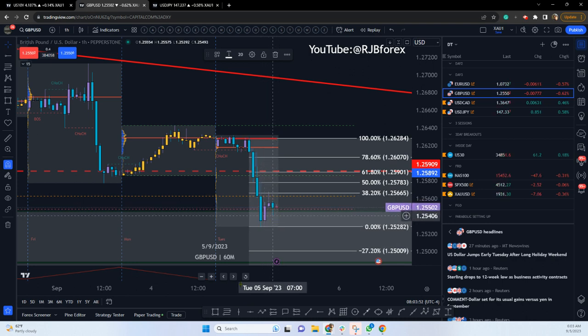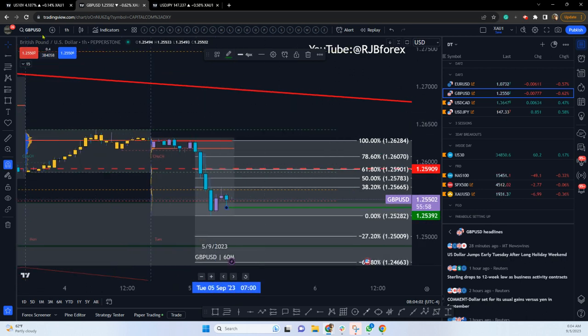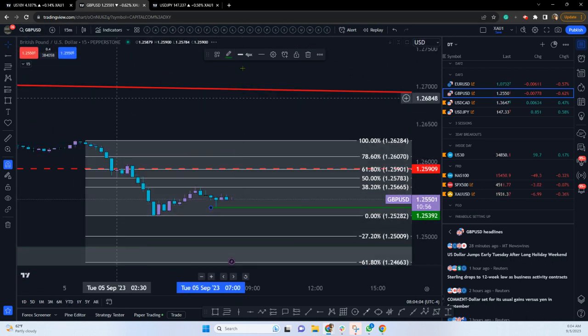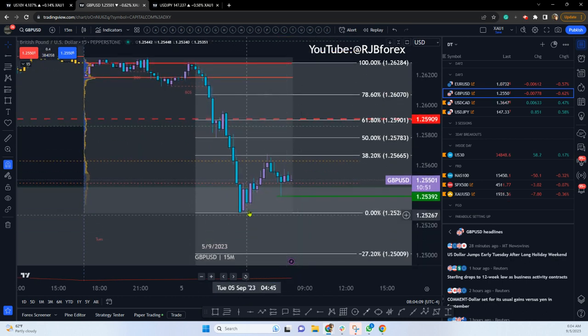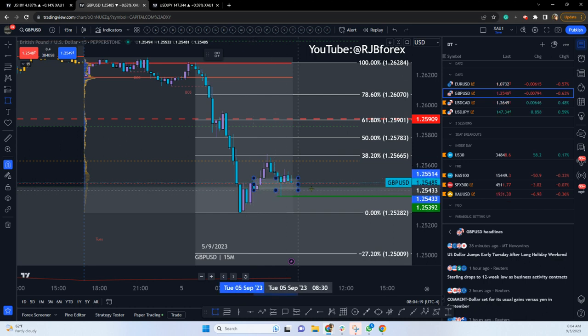Perhaps we've seen the low for the time being. We're going to see a grind up, perhaps. This candle here is potential support in that respect. This one here.